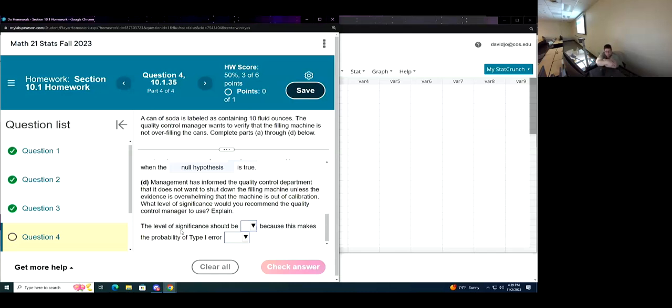Management has informed the quality control department that it does not want to shut down the filling machine unless the evidence is overwhelming that the machine is out of calibration. What level of significance would you recommend the quality control manager use? Explain. You want it low, 0.01. 0.05 is sufficient, 0.01 is overwhelming.